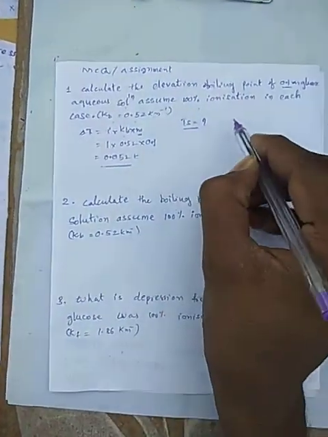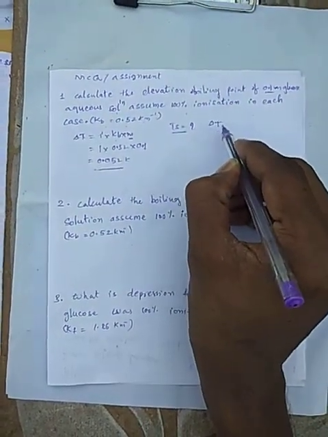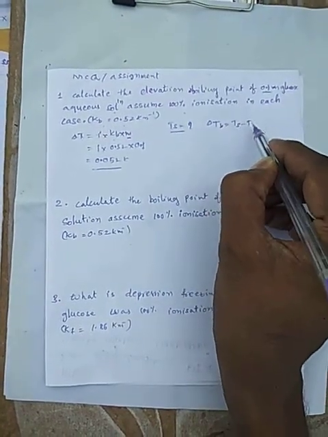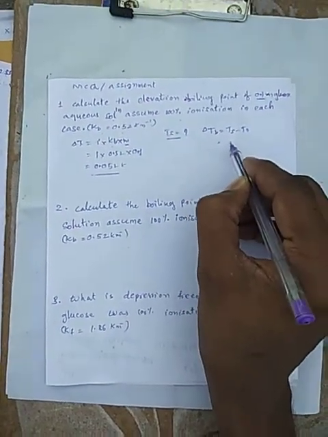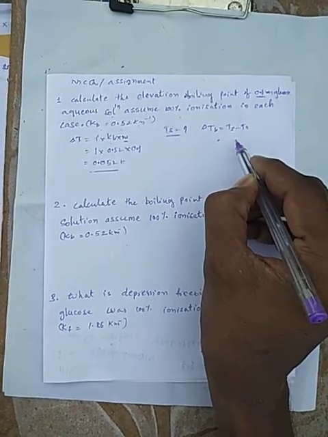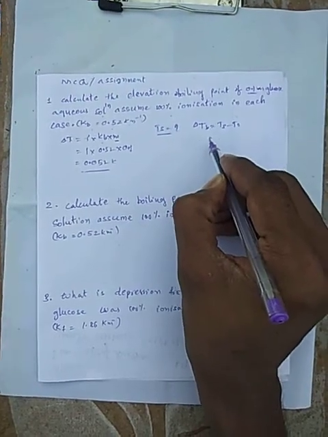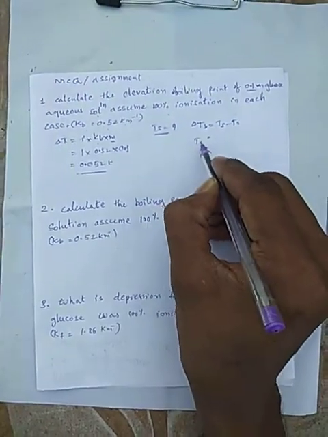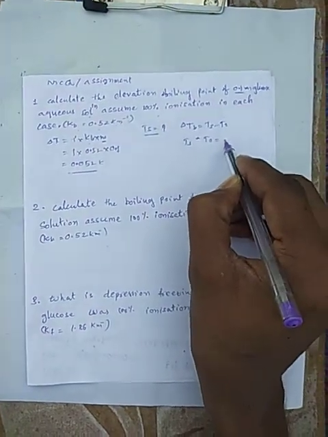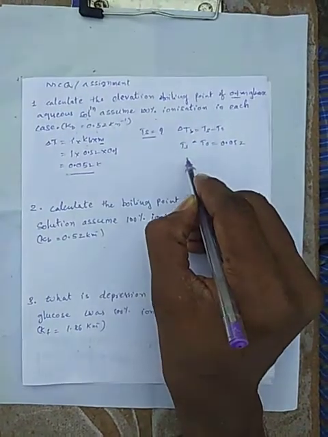Now we can find delta Tb is equal to Ts minus T0. Now delta Tb we need to find. Now Ts minus T0 is equal to 0.052, but we need only Ts.